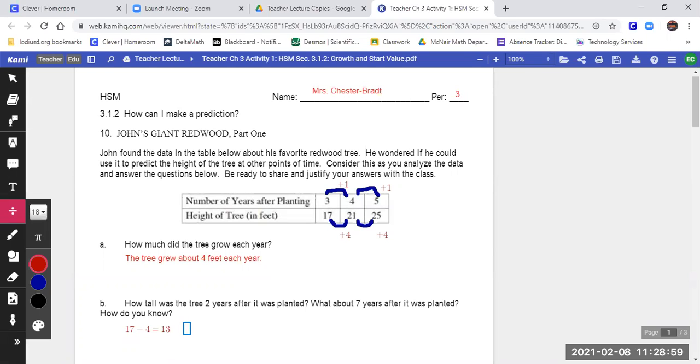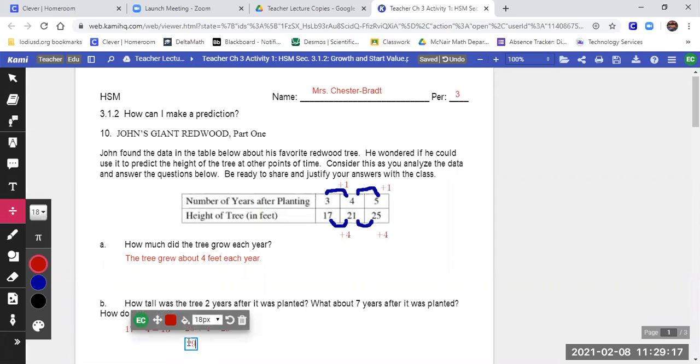The height of the tree, but which height of the tree? The 25. Okay, so we have to do 25 plus 4. That's my year 6, right?